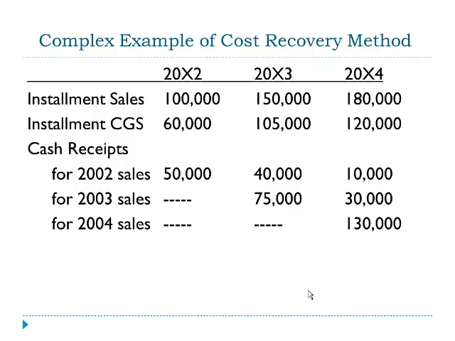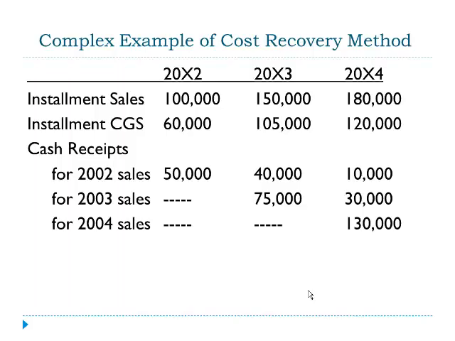If we have installment sales similar to before of $100,000 in 2002, $150,000 in 2003, and $180,000 in 2004, the 2002 gross margin of $40,000 will only be recognized when I've received from the customers more than $60,000.